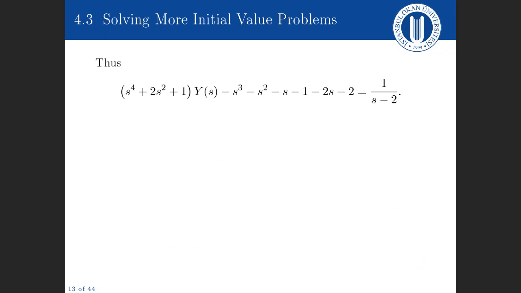These other terms on the left, I want to move all of these over to the right. And then I want to put everything on the right as over s minus 2.